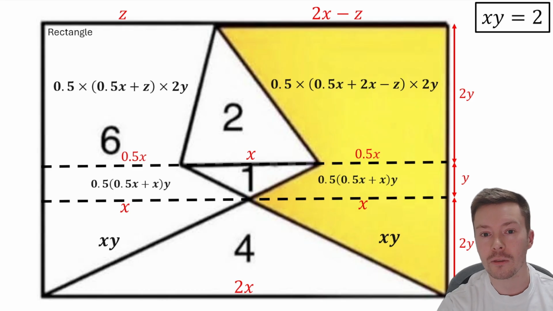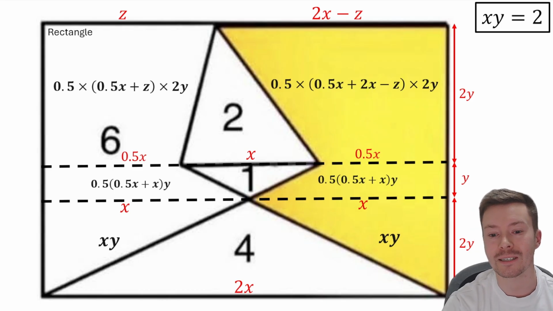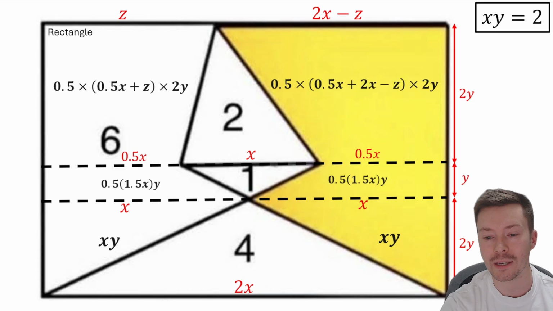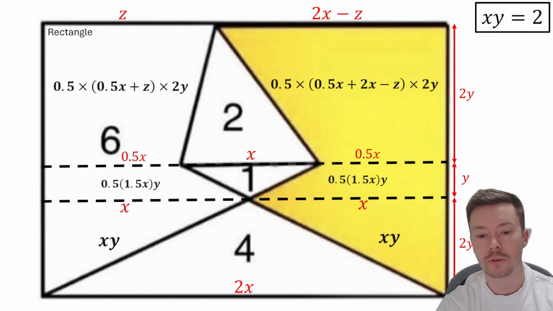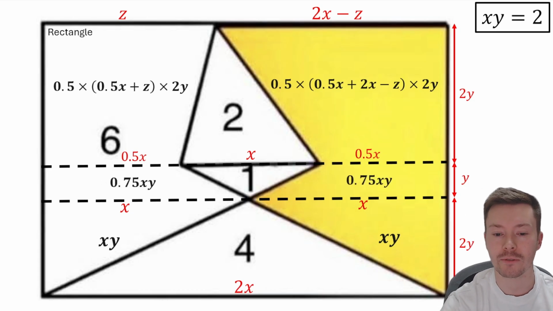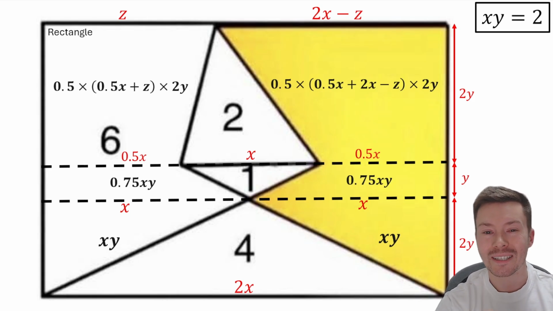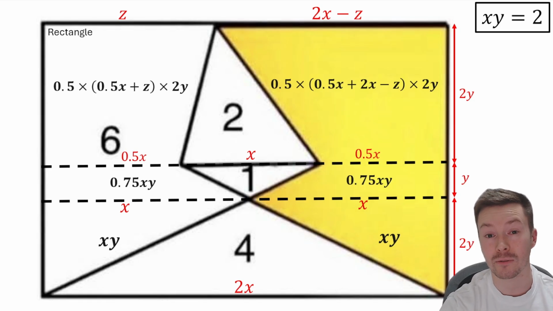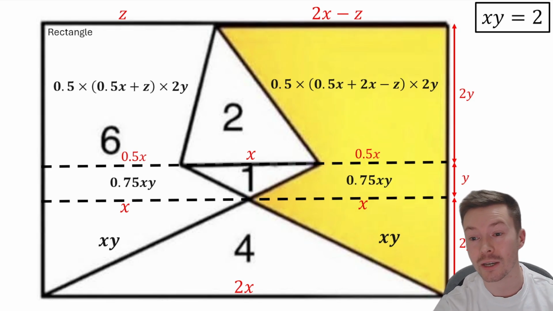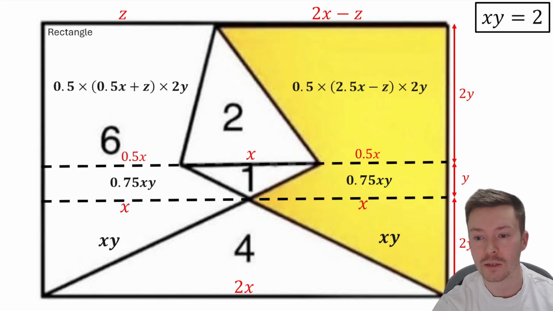Now, what we can then do is start to simplify some of these things and work them out. So the middle trapezia simplified to 0.5 times 1.5x times y, which gives us 0.75xy. Now I can simplify the top right trapezia inside the brackets, because I've got 0.5x add 2x, so that's going to be 2.5x.